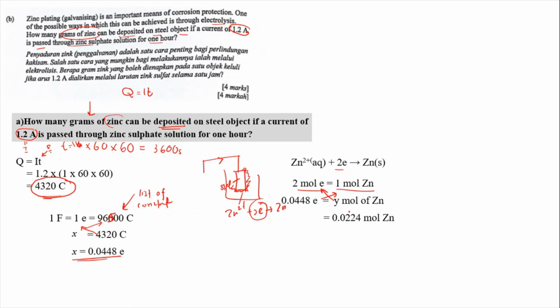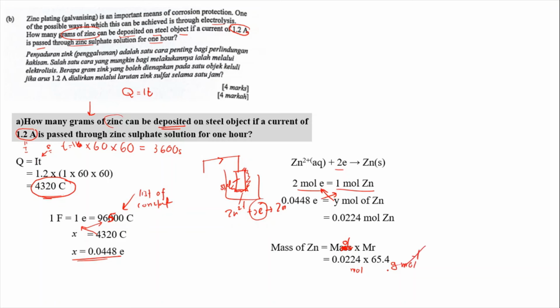So from the mole we can find the mass, where mass is equal to mole multiplied by molar mass. So our mole here is 0.0224 mole multiplied by the molar mass, which is gram per mole.